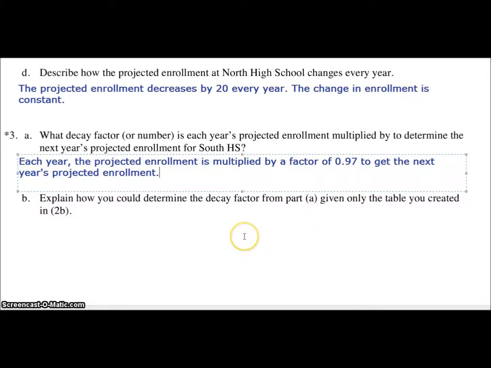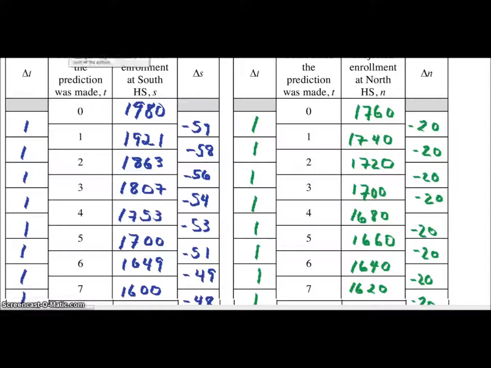Part B, explain how you could determine the decay factor from Part A given only the table you created in 2B. Okay, this is going to be really cool. Let's see, if you pick two consecutive values like 1921 and 1980, and let's divide 1921 by 1980. Do that in your calculator.